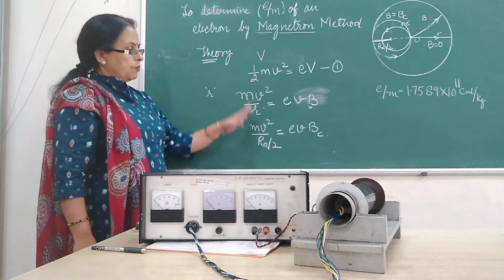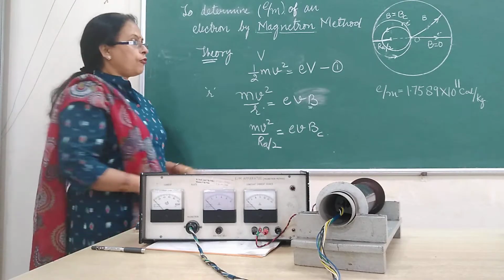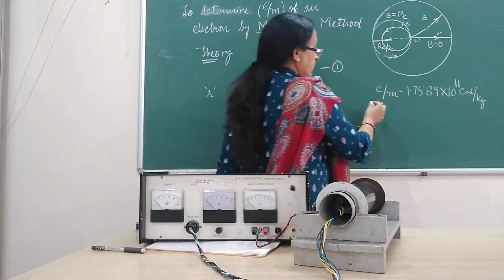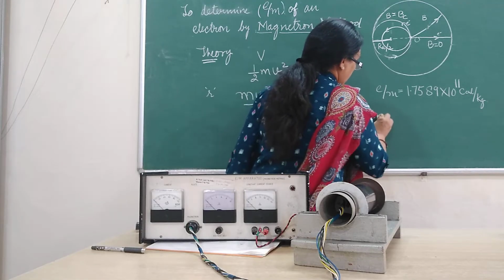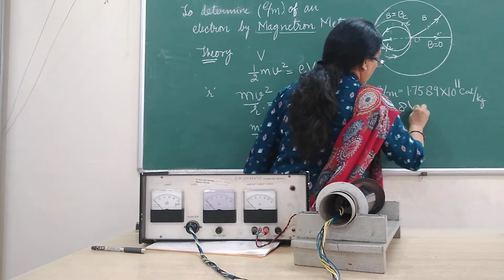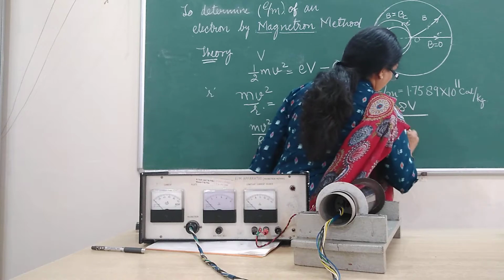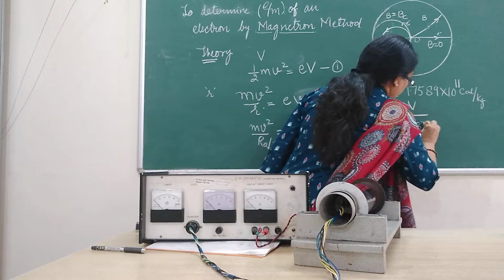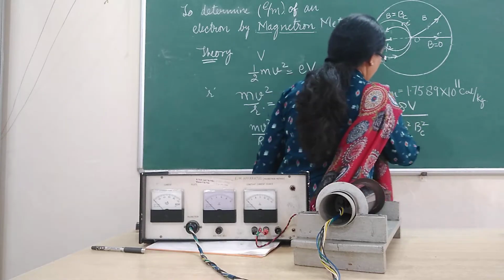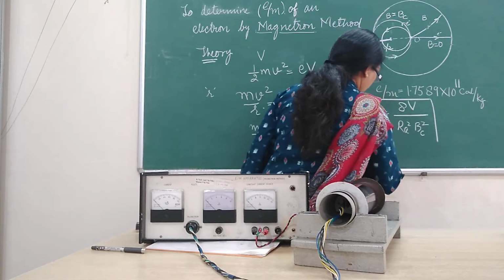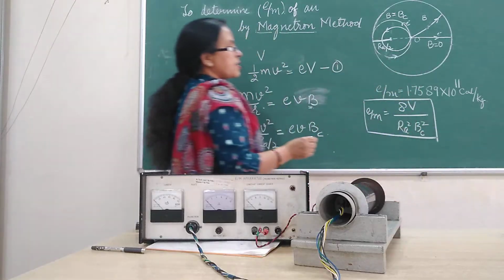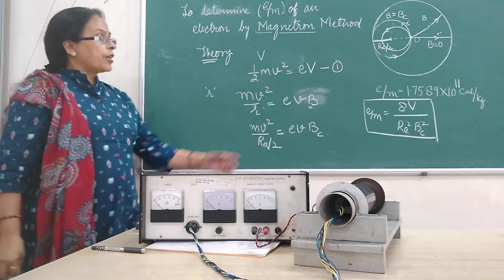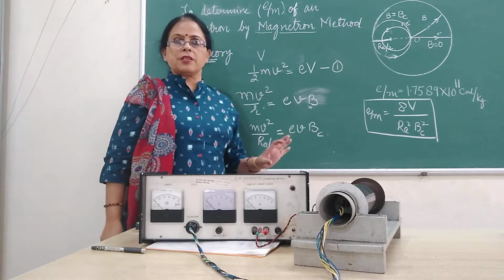Okay, so we will be solving these equations for e by m, and this e by m comes out to be 8V upon RA square BC square at that time. So this is basically our working formula for this experiment.